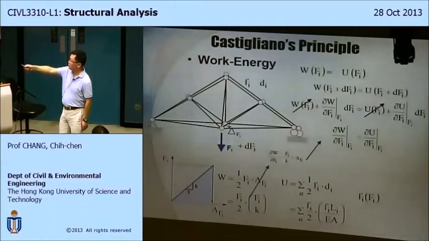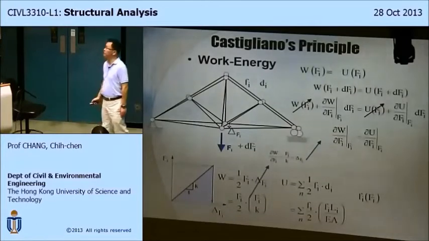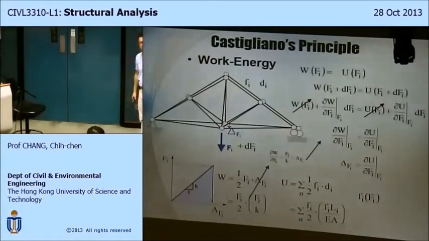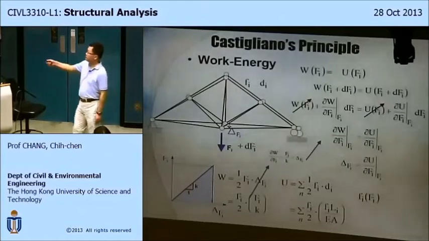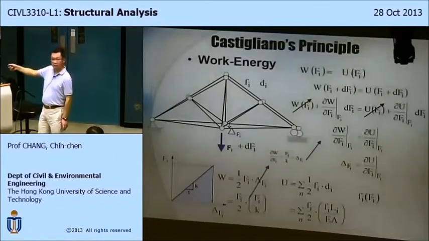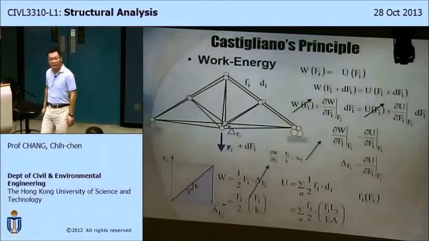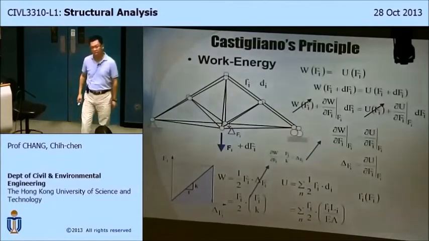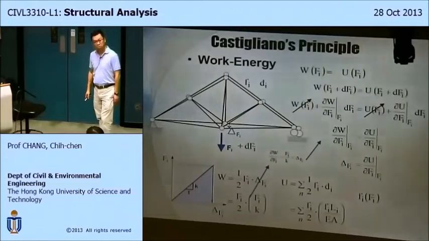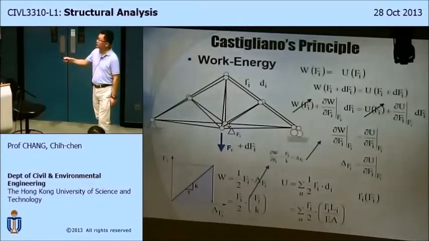So ∂W/∂Fi is equal to delta Fi. So that's the left-hand side. So that's the final result. It tells us this. The deformation that you're looking for is equal to ∂U/∂Fi, evaluated at equilibrium conditions. Beautiful. One equation there.